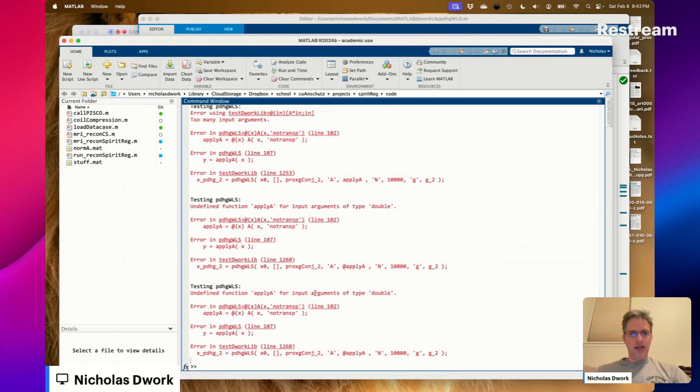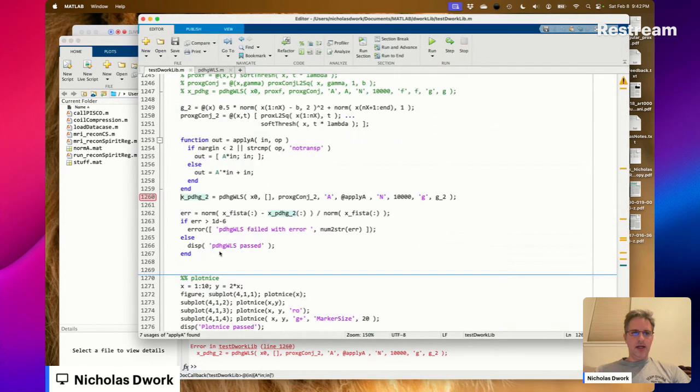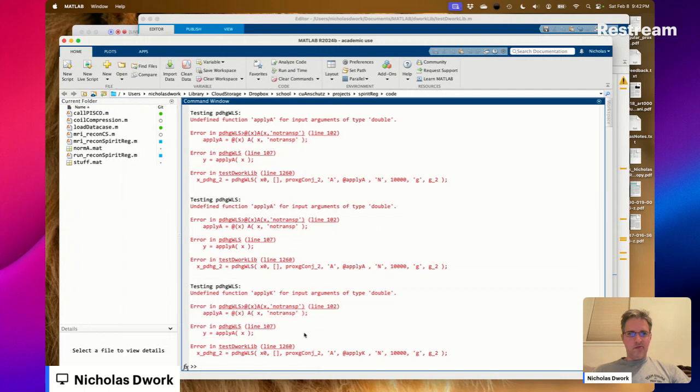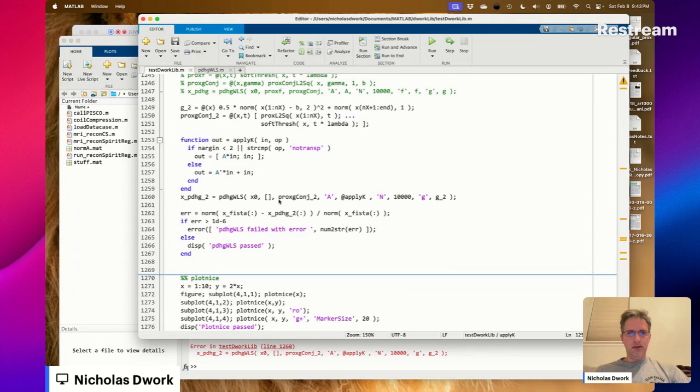Undefined function apply A. What if I called it apply K, just to... Surely it's not that, right? Yeah, I didn't think it was. Undefined function apply K for input arguments of type double. What are you talking about?